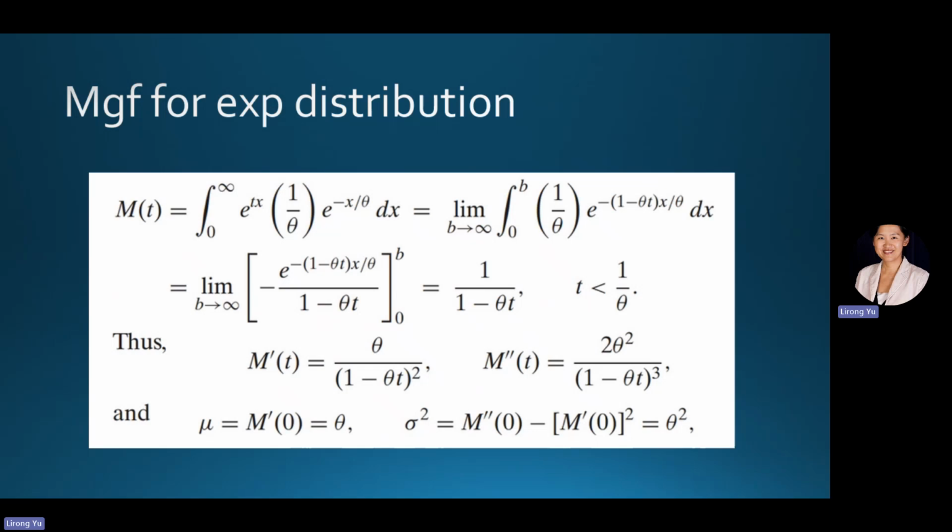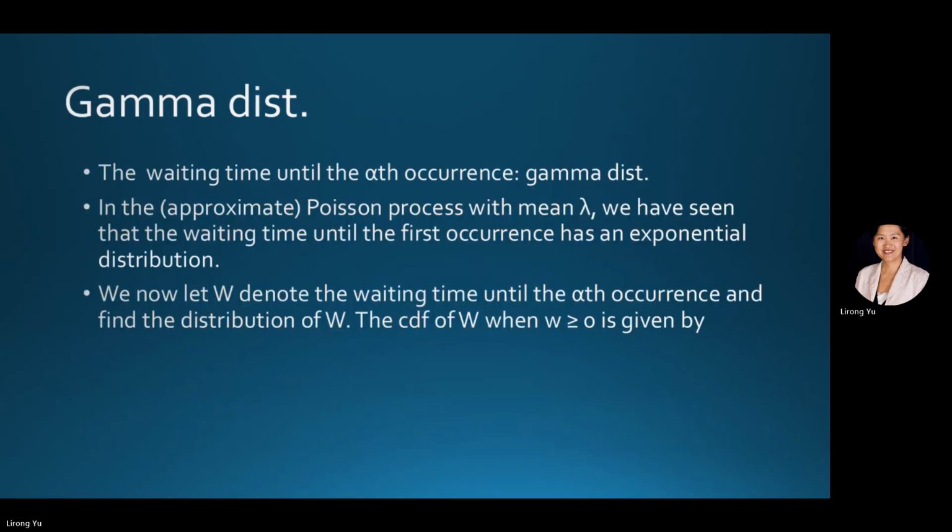Finding the derivative and the second derivative of the MGF gives the mean and variance, and it turns out they're closely related. The variance is theta squared. Any questions?